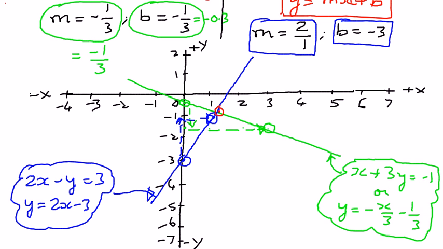Okay, so now that we have all the information we wanted, we have the point of intersection, and from the point of intersection we should be able to identify what the x ordinate is and what the y ordinate is.